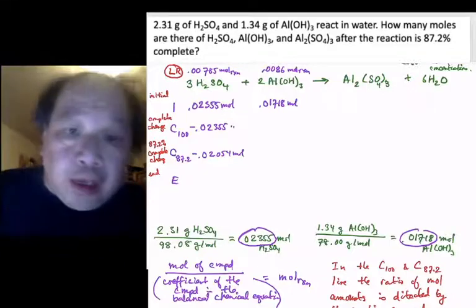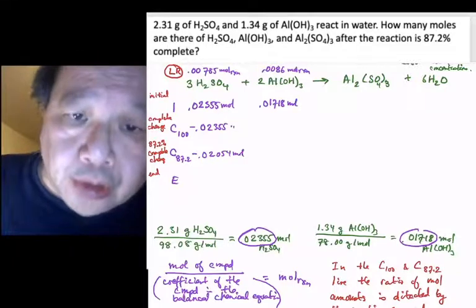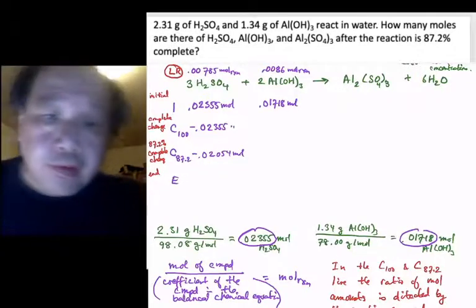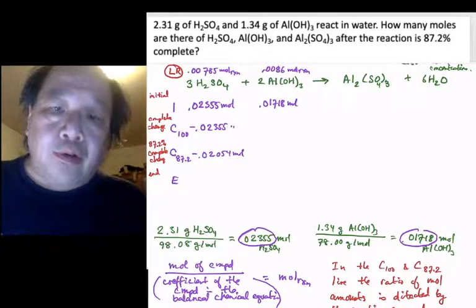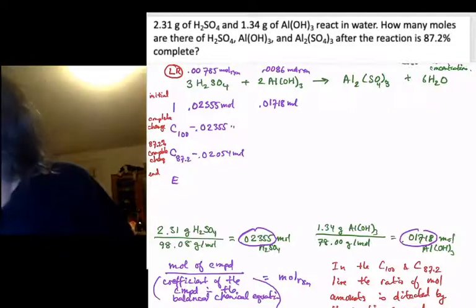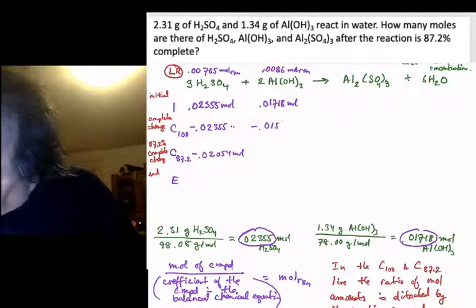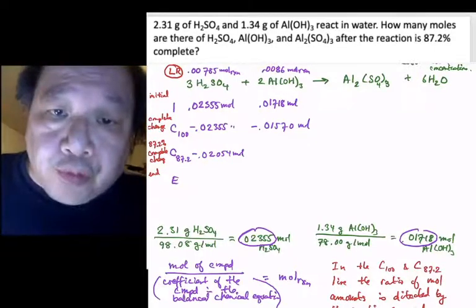For every 3 H2SO4s, 2 Al(OH)3s are used. And therefore, for C100 it is 0.02355, and 2/3 of that amount of Al(OH)3 will be used. So this will be minus 0.01570 moles.